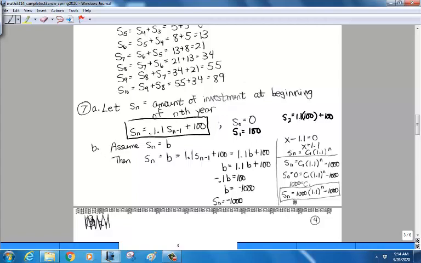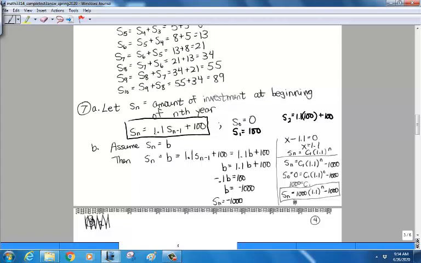All right, so now we have a problem of solving a recurrence relation. Unfortunately, this is not a homogeneous recurrence relation.